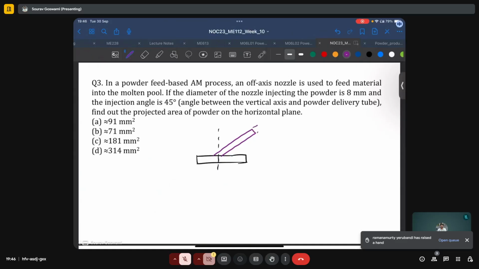where the nominal diameter of the beam is still the same, but because of the inclination with the vertical, the projected area will be larger and the cross section that we will see will be of an elliptical shape.